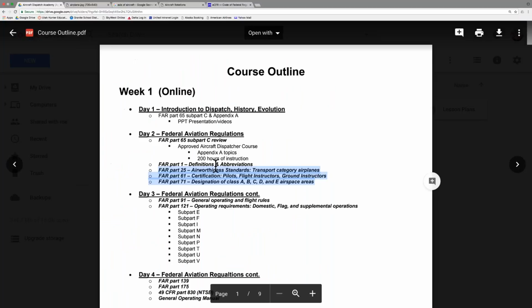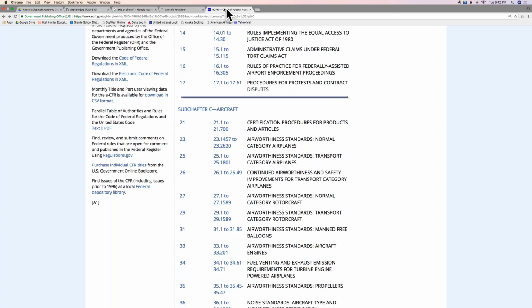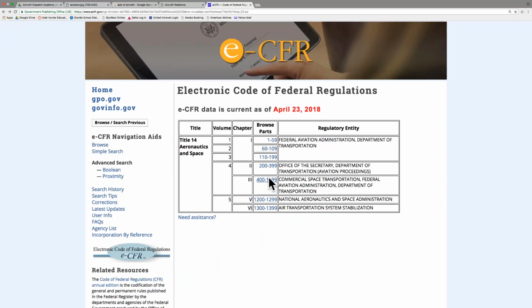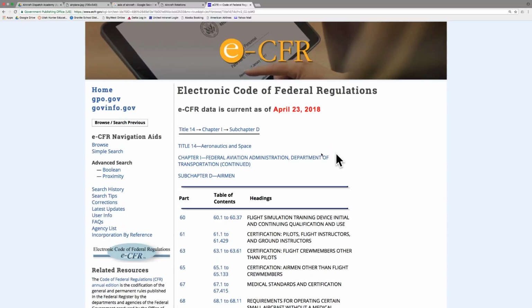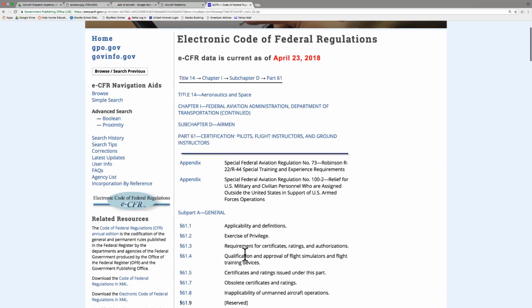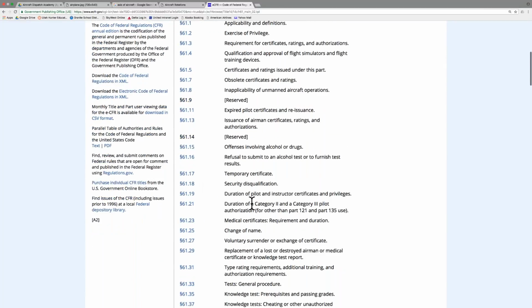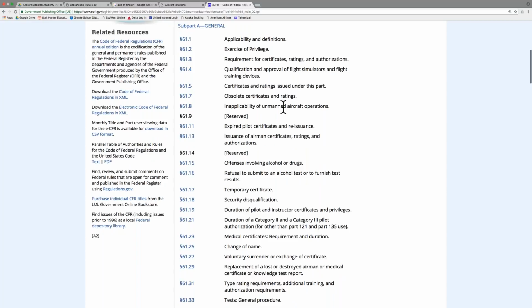The other FAR that we have on here is FAR Part 61. And once again, we aren't going to go into any really amount of depth. I know on the ADX they'll also ask a handful of questions out of this section of the FARs. A lot of those questions are going to be about alcohol.